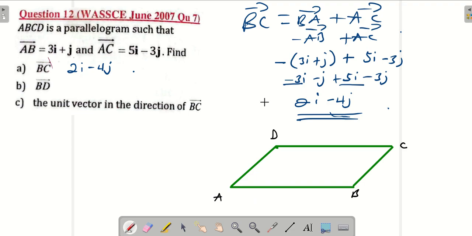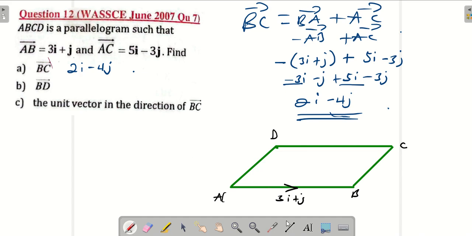AB is 3I plus J. So that is a vector. AB is 3I plus J. Then we have AC.